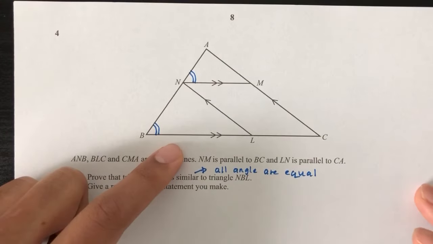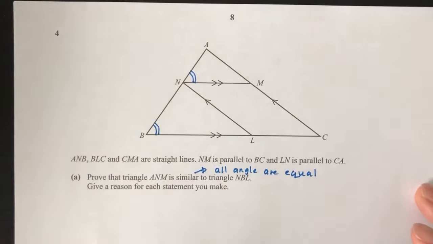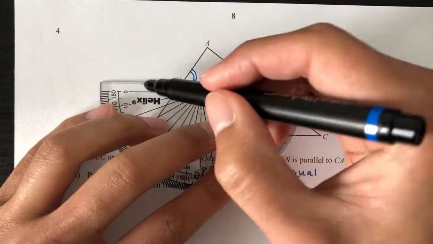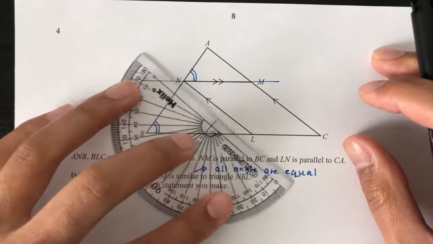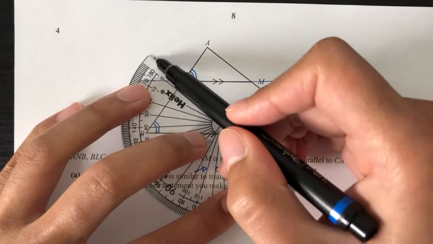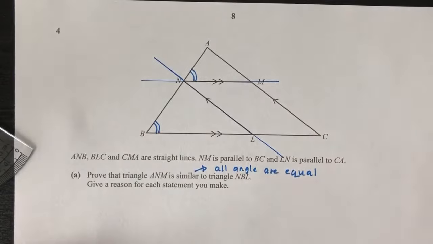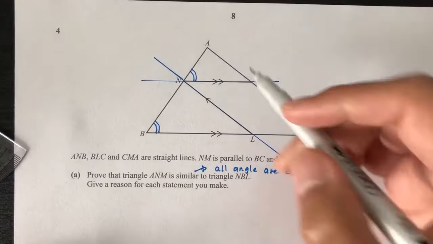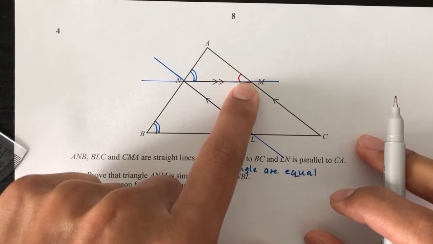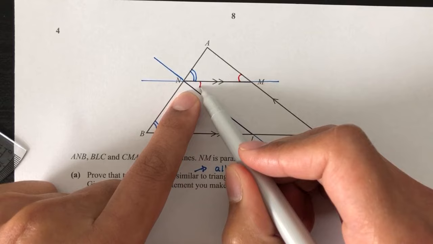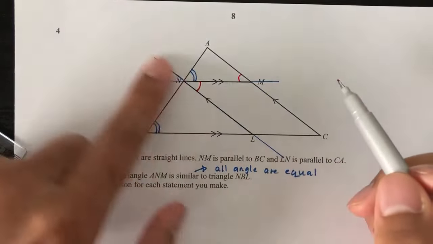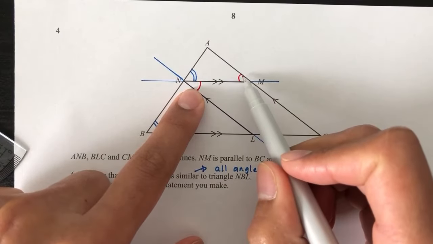If you observe, let's continue this line, and continue this line. Right. So let's say we have this angle here. This is an angle here. So this angle will be the same as this angle here because they are alternate angles joined by the same line, and this is the same direction. So these two are the same. Okay.